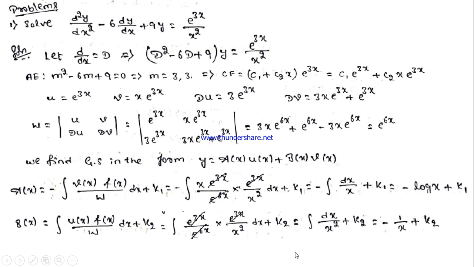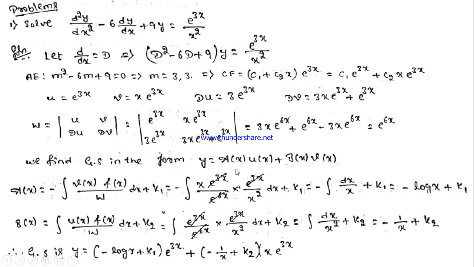Now substitute all these things back in your general solution. So your y equal to a should be written first, that is minus log x plus k1, that should be multiplied by u, which is e power 3x, plus b is nothing but minus 1 by x plus k2, and that should be multiplied by v, that is x e power 3x.